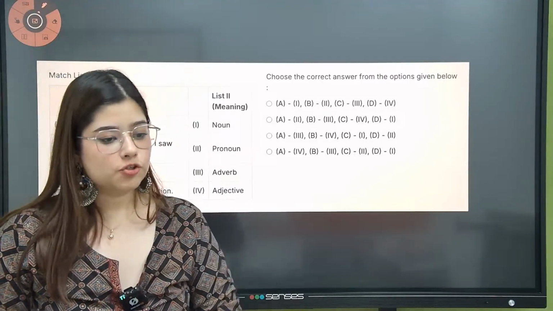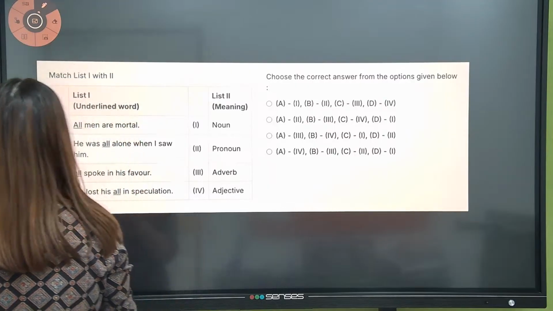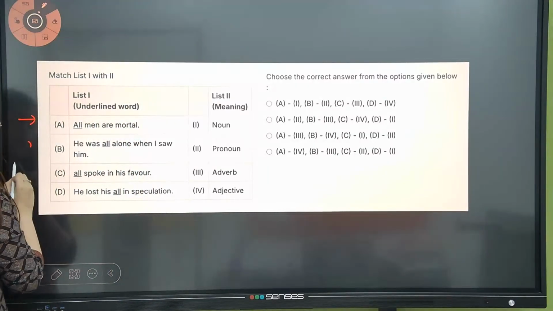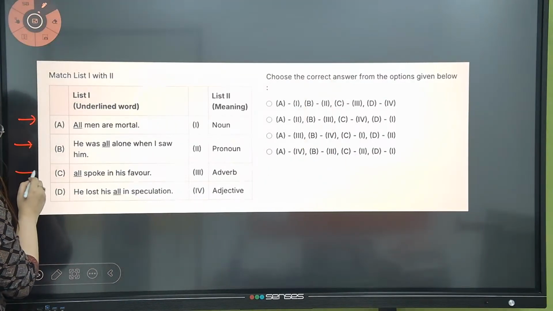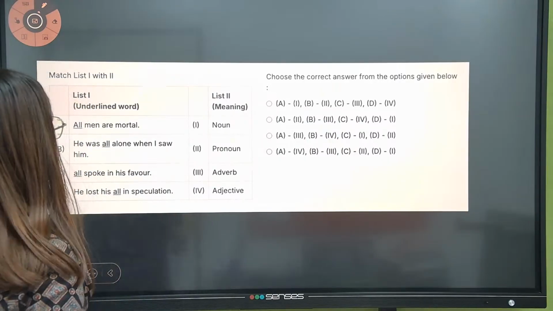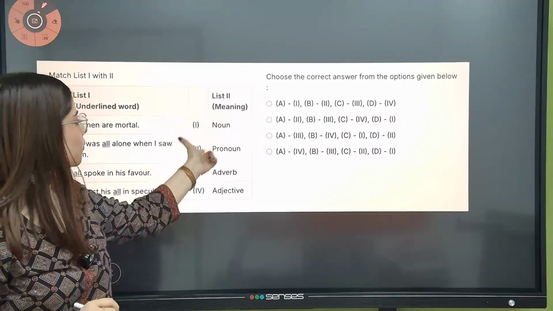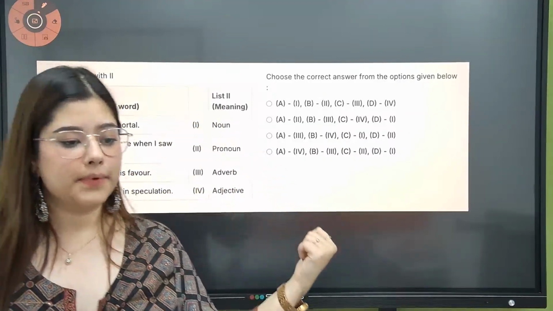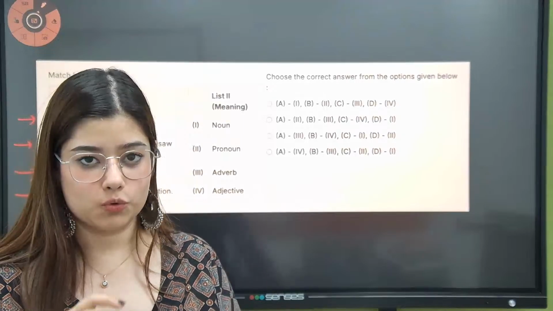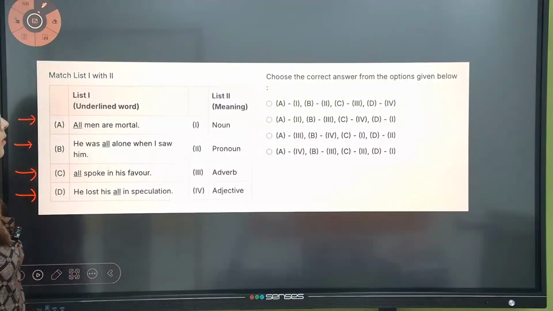So we have list 1 and list 2. And in list 1, all is used in different connotations. You need to decide in which sentence all is being used like a noun, like a pronoun, like an adverb or like an adjective. So first sentence is all men are mortal.